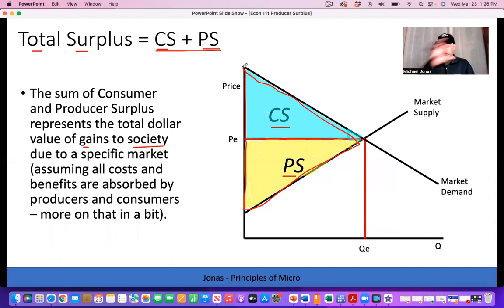We can redistribute that any way we want within that overall area, and it doesn't really matter. It's the total social value. And that's how we want to start to think about this. Yes, we'll also be tracking winners and losers when policies are enacted. But from a social welfare standpoint, our goal really is to maximize total surplus.